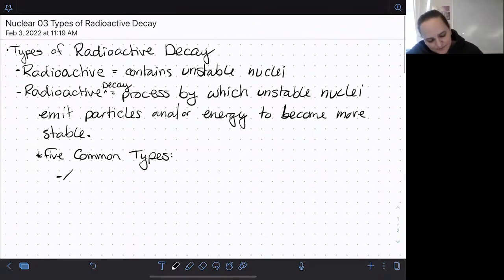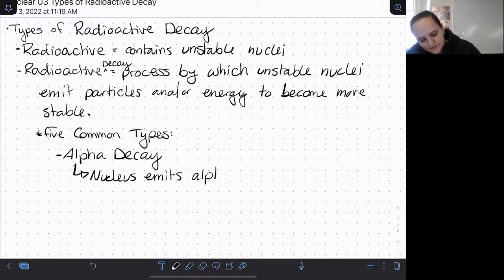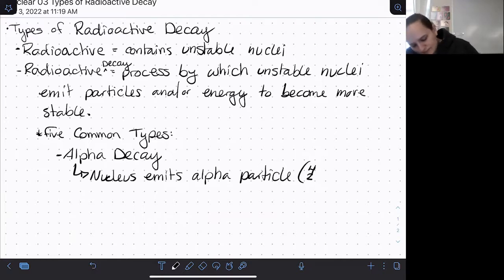So the first one is known as alpha decay, where your nucleus emits an alpha particle, which we said previously was the same thing as a helium nucleus. So it has a mass of 4 and an atomic number of 2.